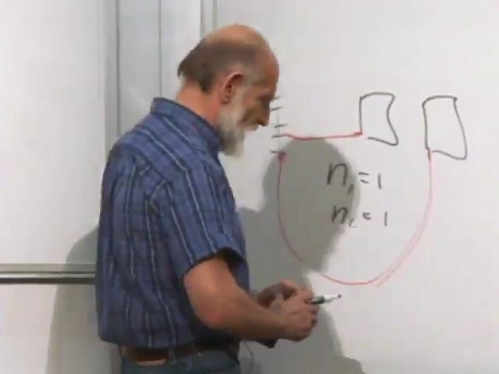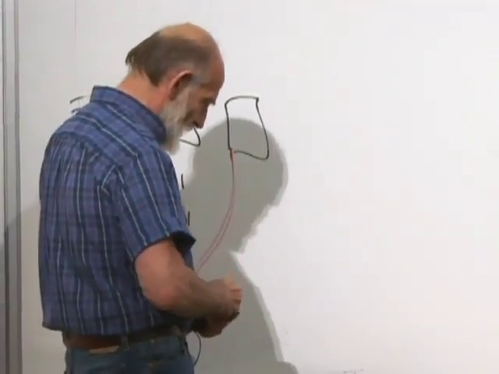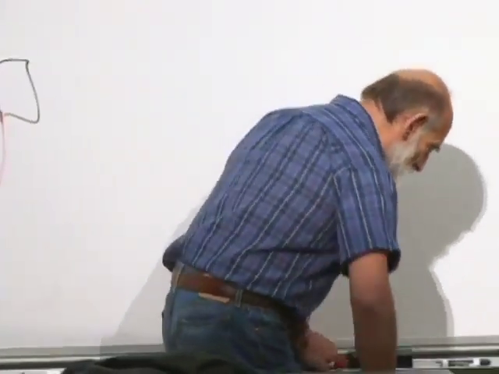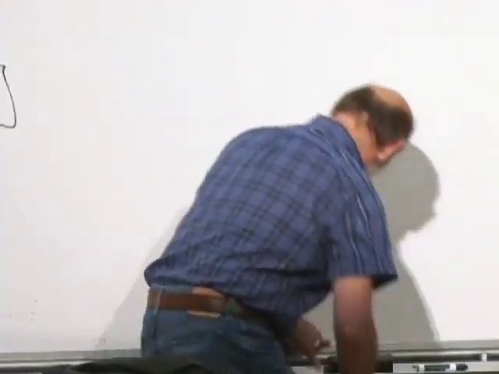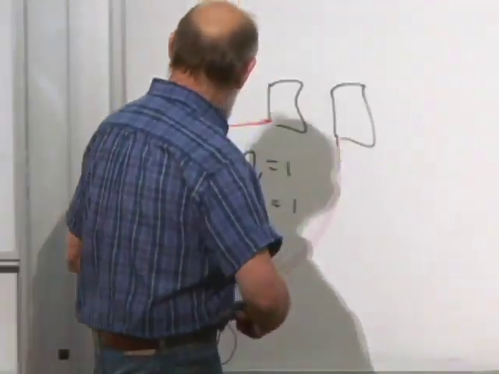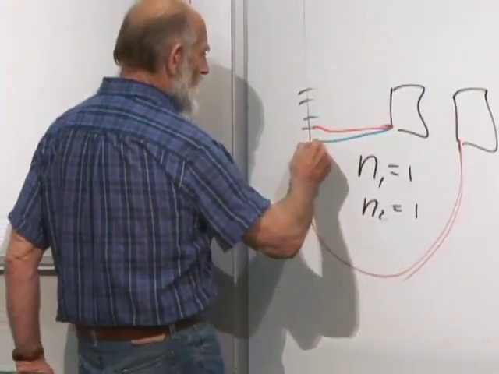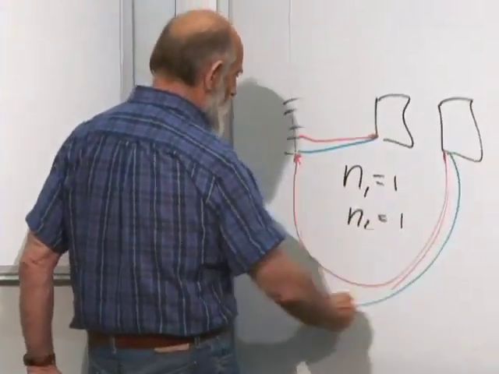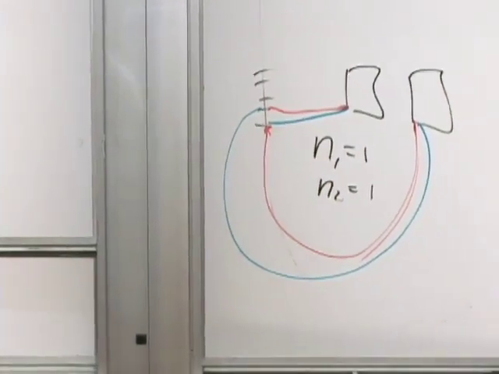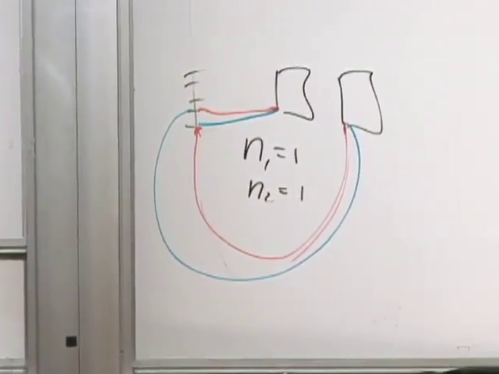Just the reverse, the converse. The first box goes to the lowest energy level, and the second box goes to the other, just cross them over. So there are 2 ways to have N1 equal 1 and N2 equal 1.